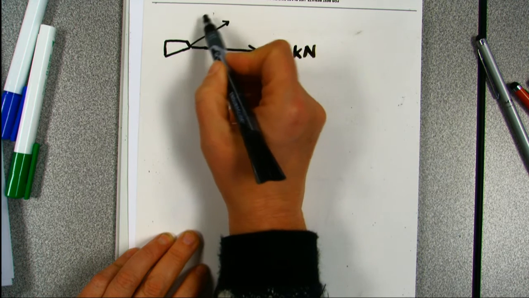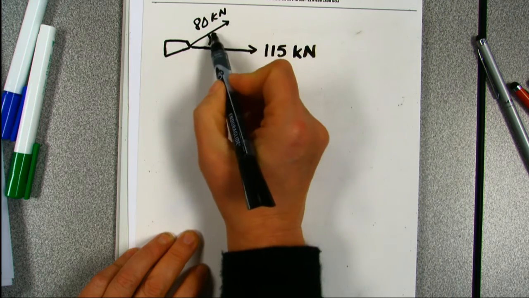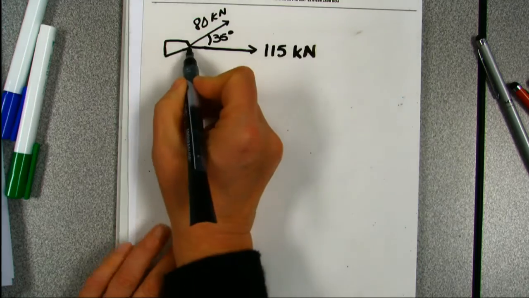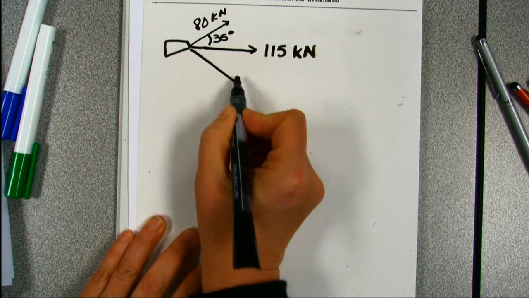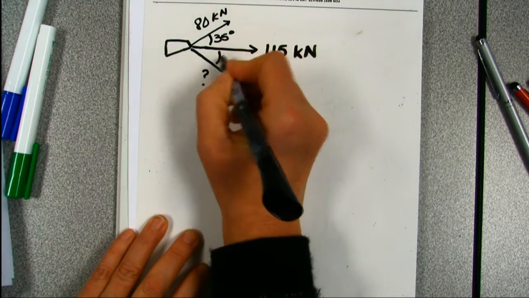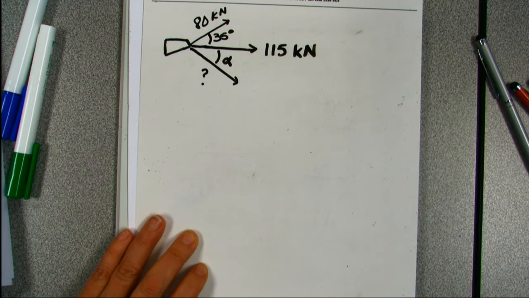We know that one of the forces is 80 kilonewtons, and it has a 35-degree angle. We don't know the force there, and we don't know that angle. And that angle is not from the horizontal, that angle is from the resultant force.